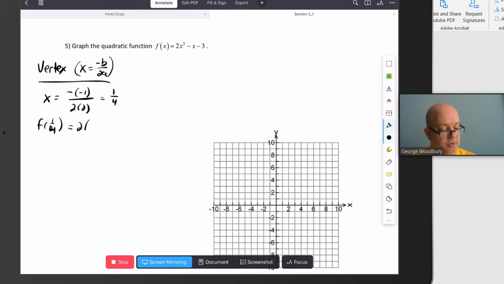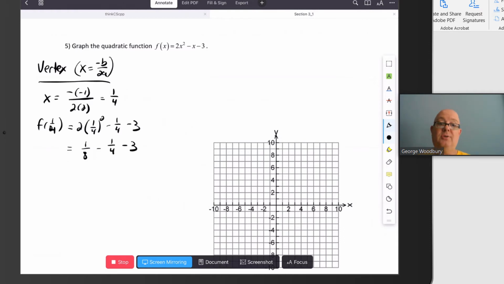And that's going to be 2 times 1/4 squared minus 1/4 minus 3. 1/4 squared is 1/16, and 2 times 1/16 is 2/16 or 1/8. So I've got 1/8 minus 1/4 minus 3.